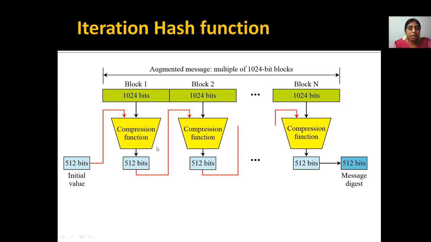Internally we have the compression rounds, that is, round functions. The 512-bit output is again given to the next block's compression function. Like this the iteration goes on till the n-th block. The output from the last block is said to be the message digest.